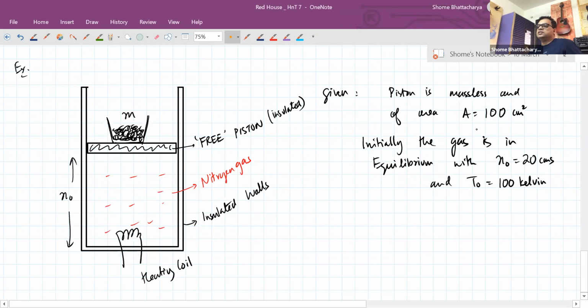So the nitrogen gas inside is at equilibrium for this kind of situation. The mass on the piston, that mass is equal to 100 kgs. Take g as 10 meters per second square.